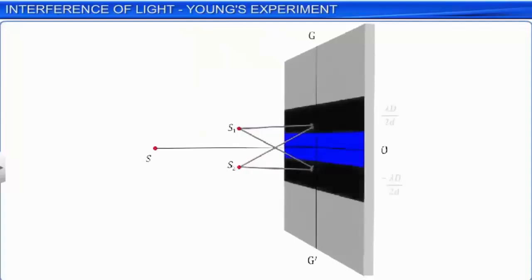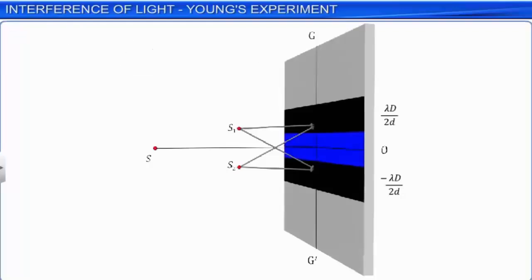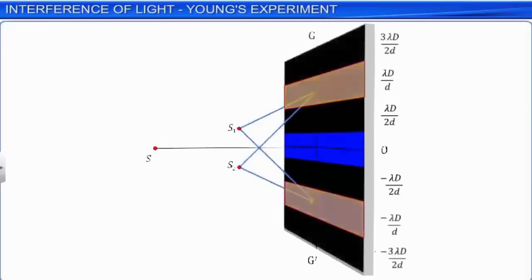If n is taken as 0 in the equation 5, we get the value of x equal to lambda D by 2d. Likewise, we will have alternate dark and bright fringes on either side of the central bright fringe. Note that a particular fringe corresponds to the locus of points with a constant path difference of S2P minus S1P.